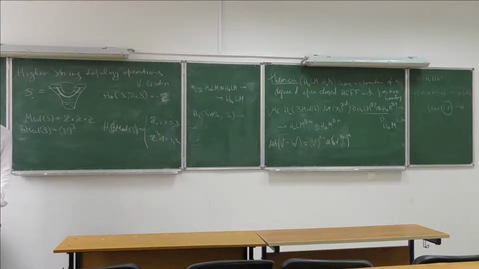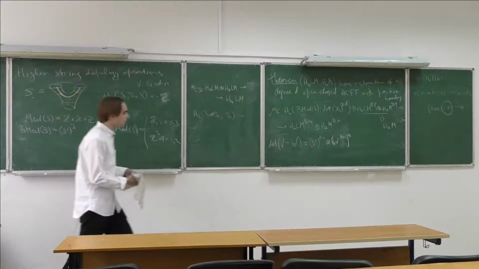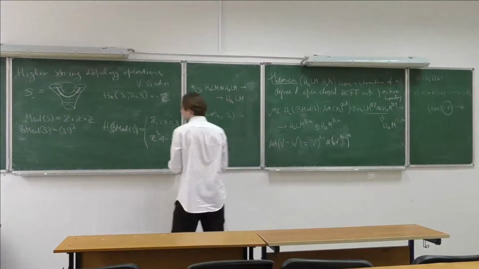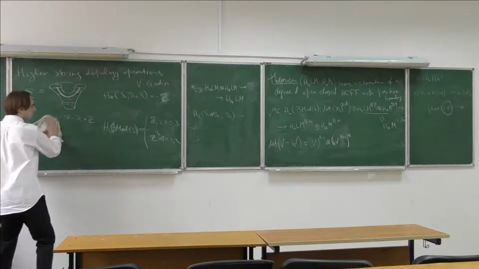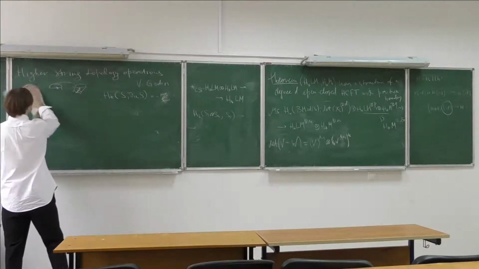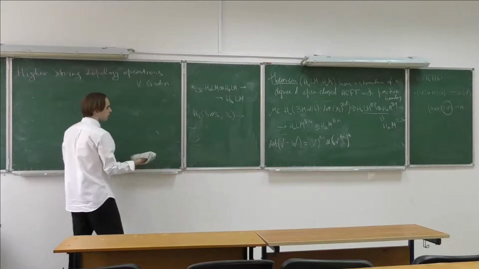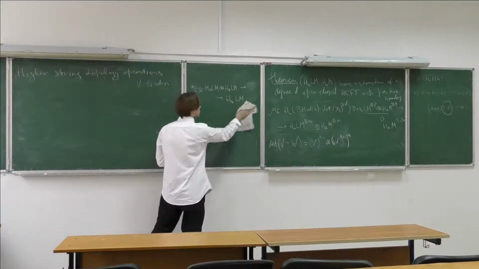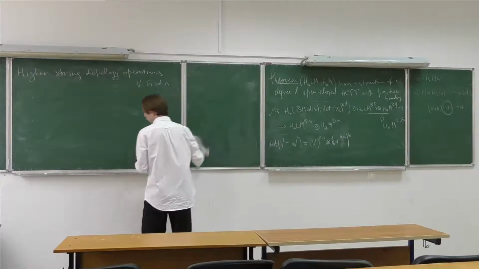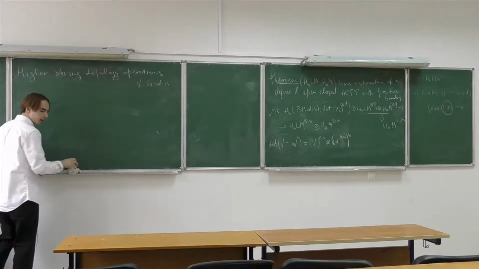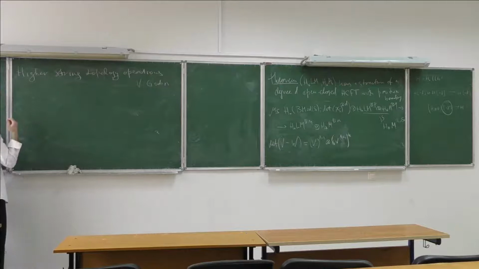Okay, so basically, if we want to construct classifying spaces like this, the natural model for these spaces are the categories of ribbon graphs.